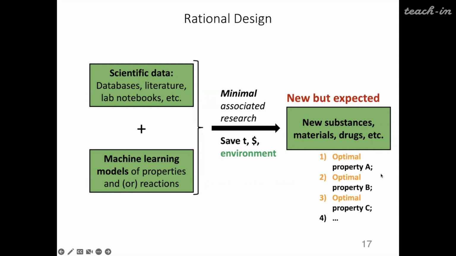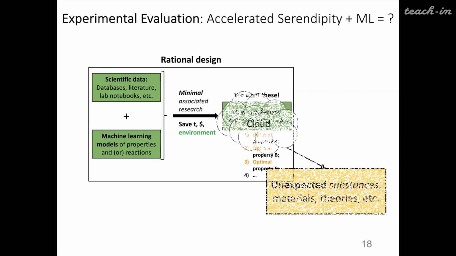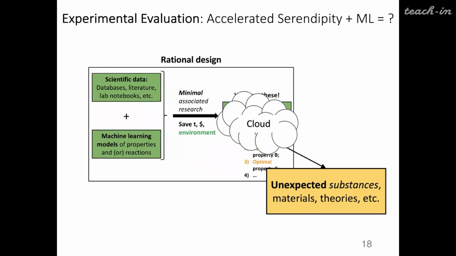However, in this schema, we get some substances or materials, whatever, that are in fact expected. But can we get something unexpected by applying machine learning models? And this can be done, in fact.